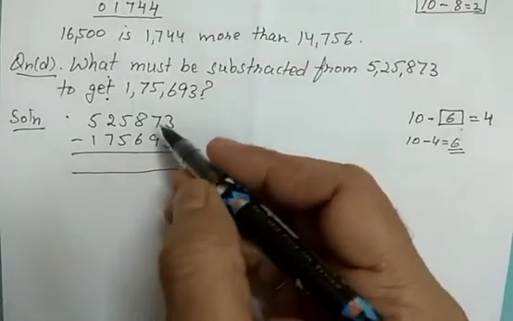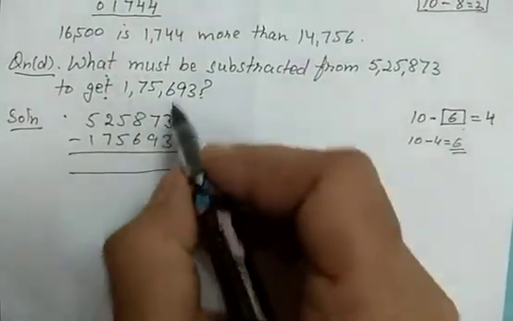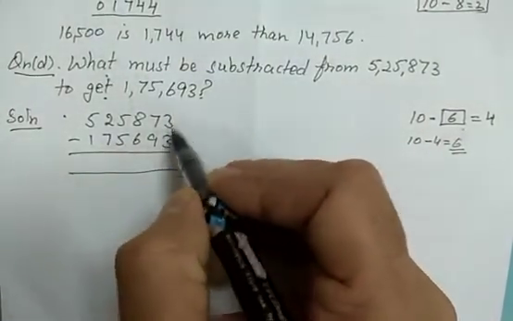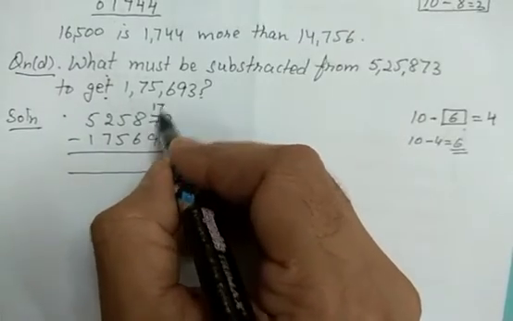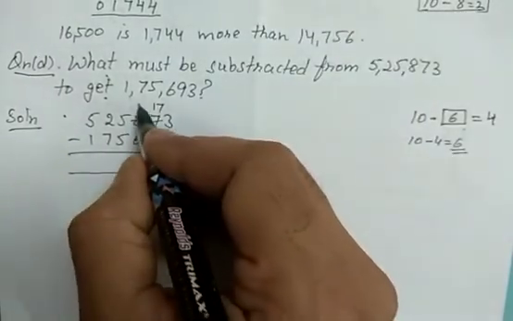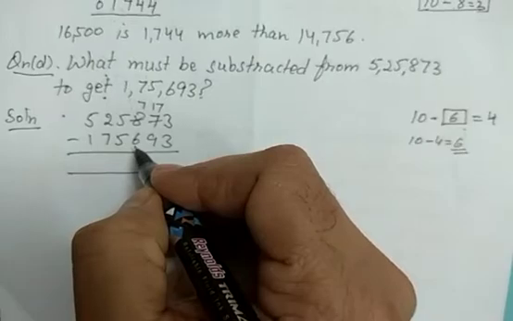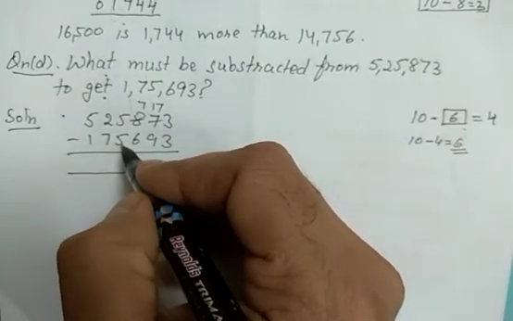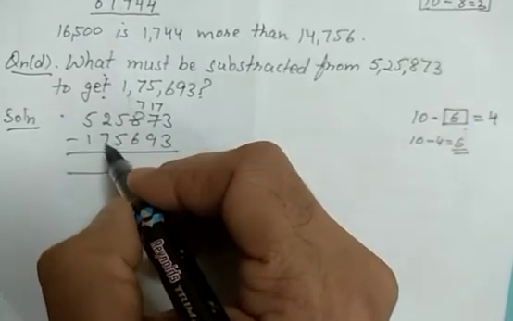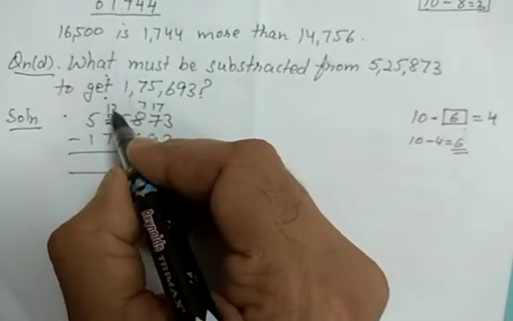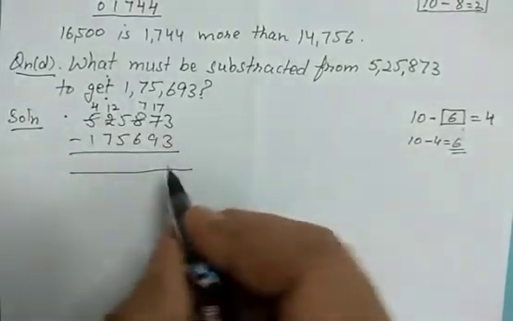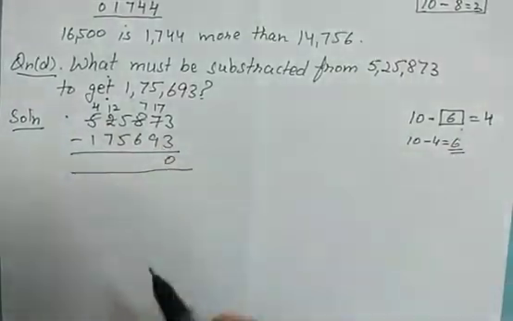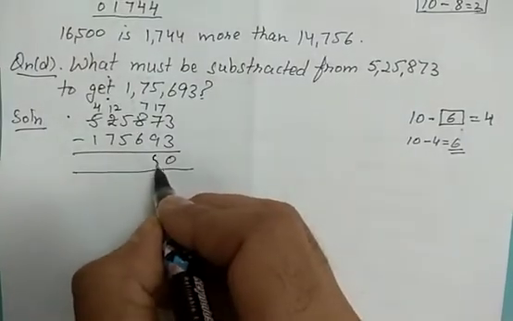First of all, we will make the upper digits greater. Here 3 and 3 is equal, it's fine. 7 is smaller, so we will borrow. It will become 17, and what is left over here is 7. 7 is greater than 6, so it is fine. 5 and 5 is equal, it's fine. 2 is smaller, so we will borrow. It will become 12, and what is left over here is 4. Now subtract it: 0. 17 minus 9 is 8.